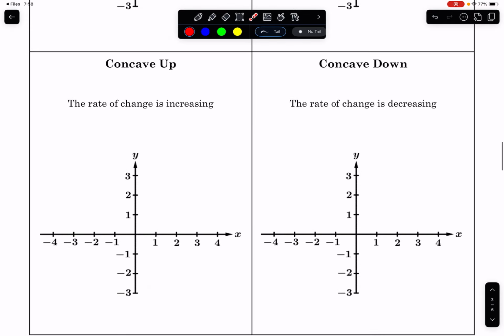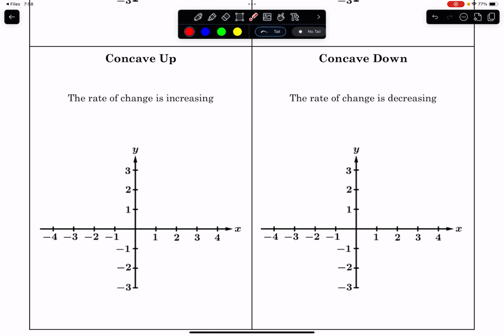Let me give you an example of a function that concaves up but is not always increasing. For example, this quadratic is an example of a function that is always concaving up. Is it always increasing? Absolutely not. It increases only from 0 all the way to the right.